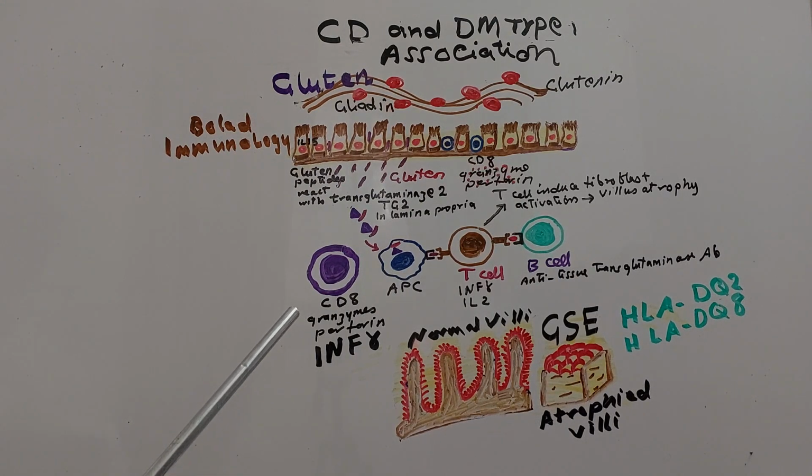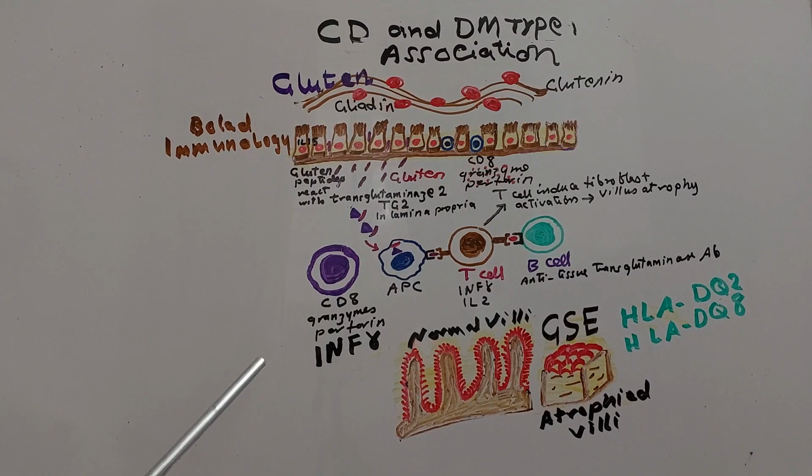So we know that not all celiac disease patients, but 2 to 3% of them, have selective deficiency of IgA.